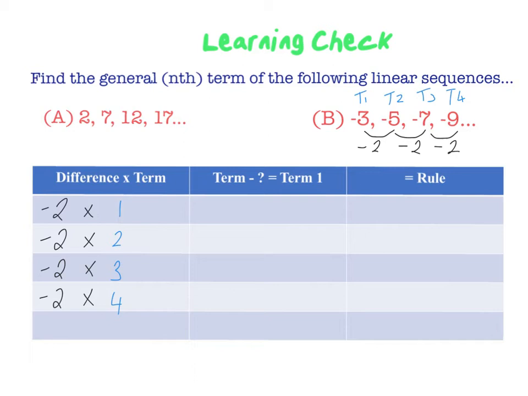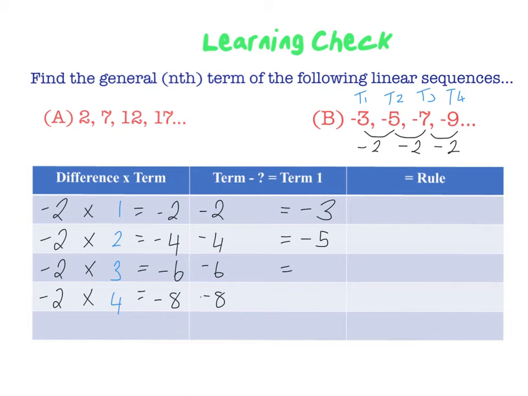And then what I say is, well, when I multiply them, what are my answers? So if I continue these, this is going to be minus 2, minus 4, minus 6, minus 8. Now, them take away something will give me minus 3.